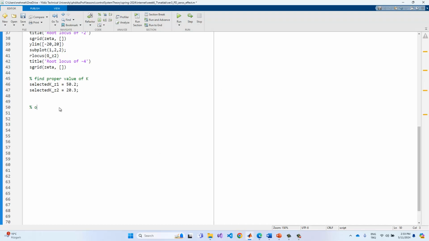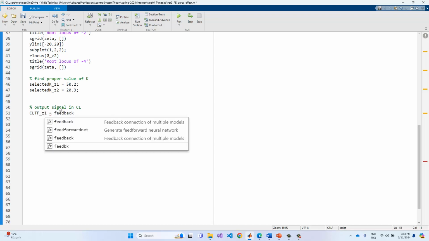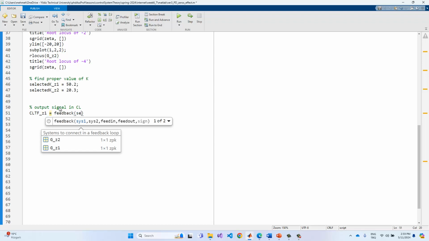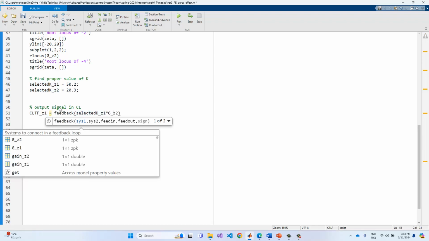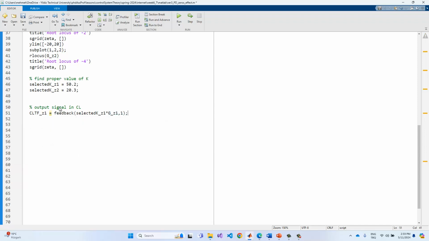And after that, the output signal in closed loop form can be written as CLTF Z1, which can be calculated with the feedback of the selected KZ1 times GZ1, unity feedback, which is equal to 1. And also we can give the Z2 in here, just like this one.